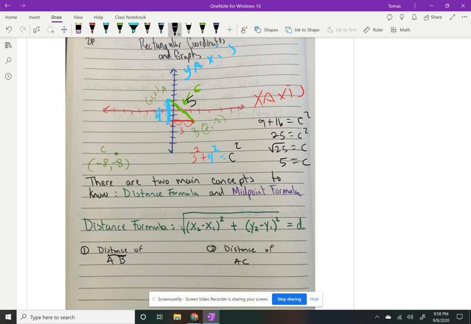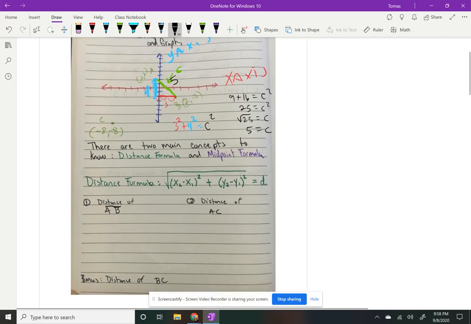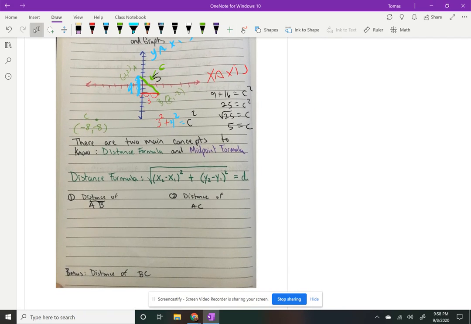So how does that work with the distance formula? Let's try it out. Suppose A is our first point, x1, y1, and B is our second point, x2, y2. So we get x2, subtract x1, which in this case is negative 1, and we square it.